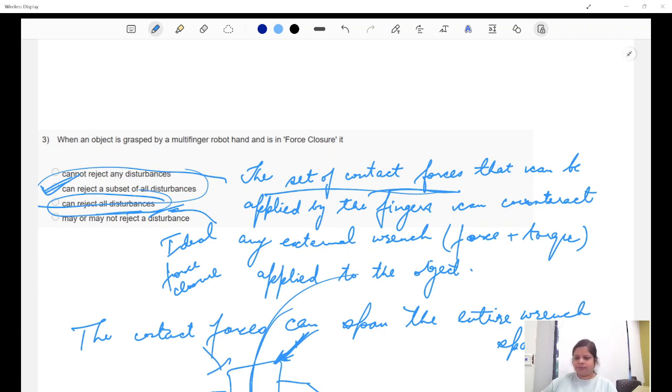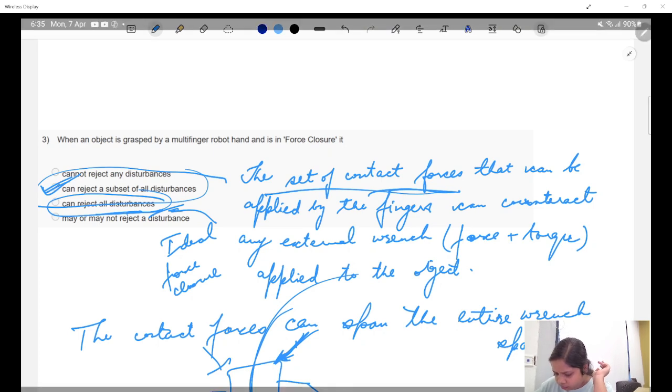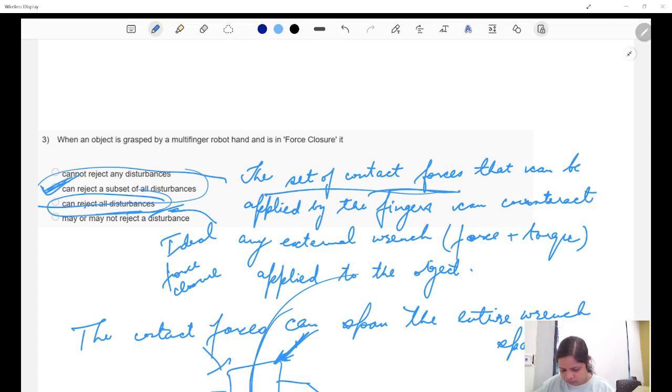Okay. Ma'am, I have a doubt. Ma'am, the options are like: it can reject a subset of all disturbance wrenches, or it can reject a subset of all disturbance twists, it can reject all disturbance twists and wrenches, and it can reject all disturbance twists. So the options are confusing. It should be wrenches only because one was wrench, one was twist, and the two were what?